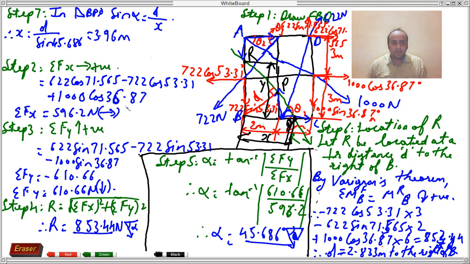Just before erasing this step, my dear friends, let me write down the mark of this. In a university paper, this particular step is for 1 mark. Later on I'll be showing it for other steps.